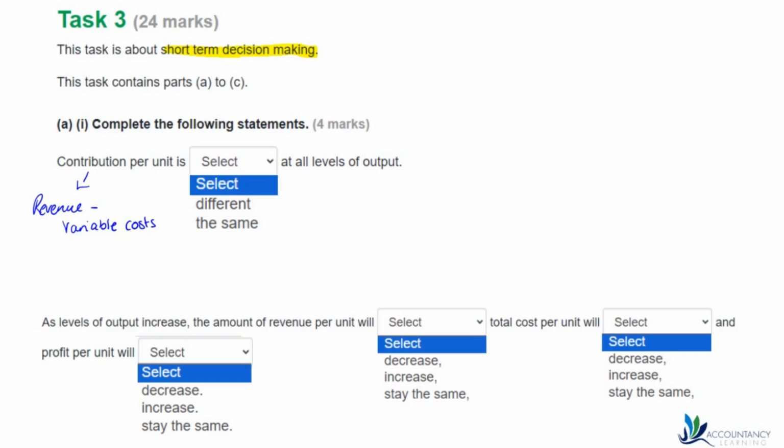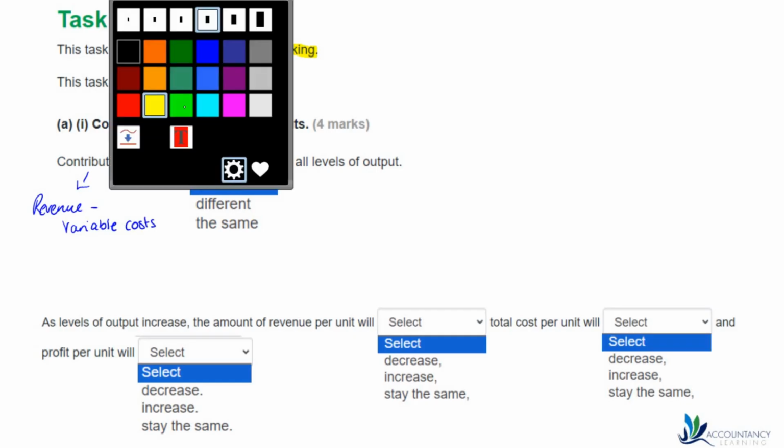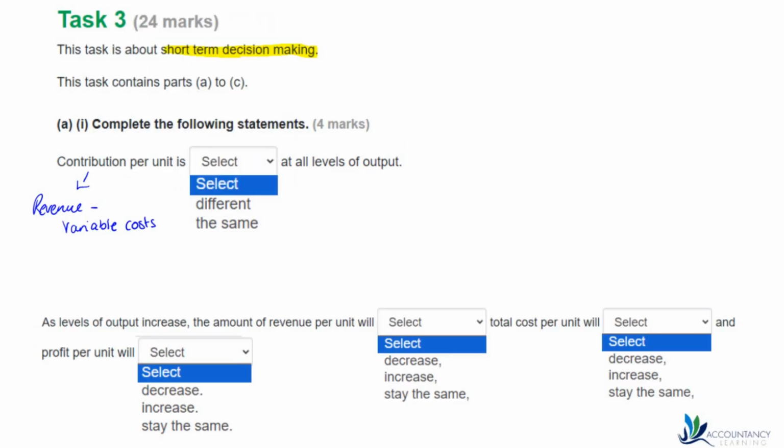So providing our selling price per unit stays the same and our variable costs stay the same, then the contribution will be the same at all levels of output. So it doesn't matter whether we produce 100 units or 1,000 units, per unit the contribution will still be the same.